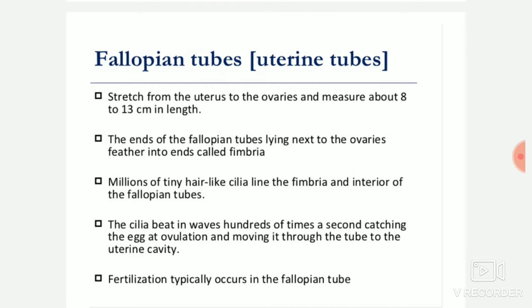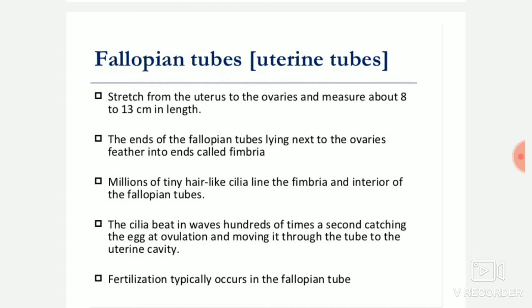Millions of tiny hair-like structures called cilia line the fimbria and the interior of the fallopian tube, which helps in the smooth movement of the ovum from the ovary into the fallopian tube. The cilia beat in waves hundreds of times a second, catching the egg at ovulation and moving it through the tube to the uterine cavity.